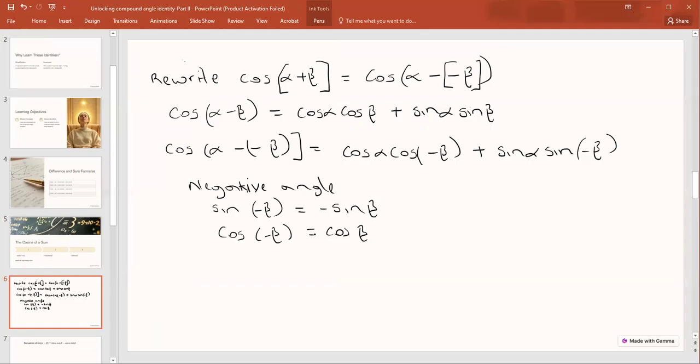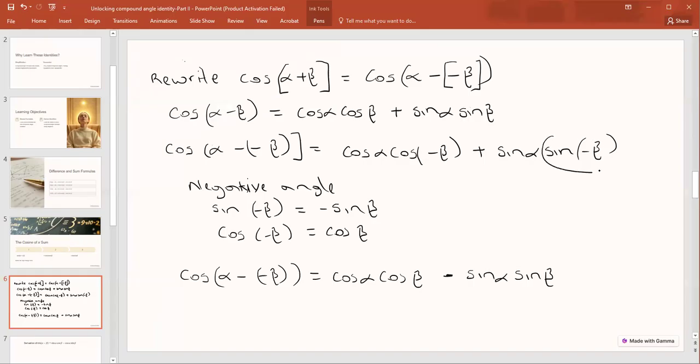So we can use this negative angle identity to express cosine of alpha minus beta as cosine of alpha times cosine of beta, so minus sine of alpha times sine of beta. Remember, this becomes minus sine of beta.